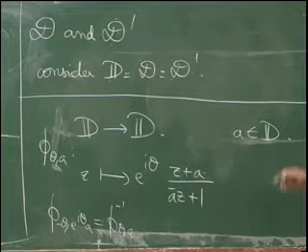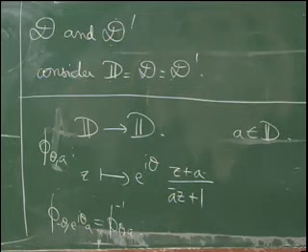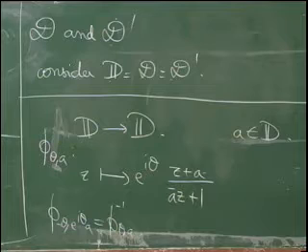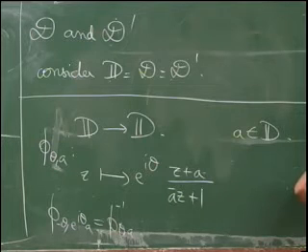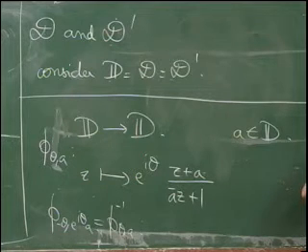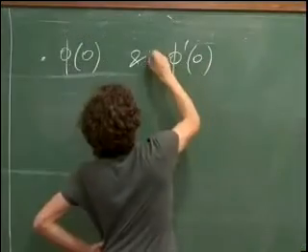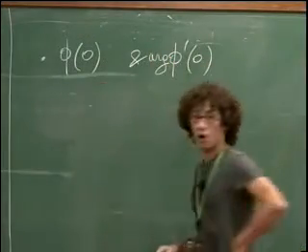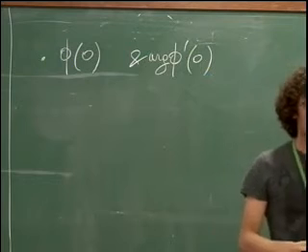And theta is another real degree of freedom. So you have 3 degrees of freedom. So you need to fix 3 things. What you can fix, and that's a very simple computation, is the image of 0 and the argument of the derivative at 0.